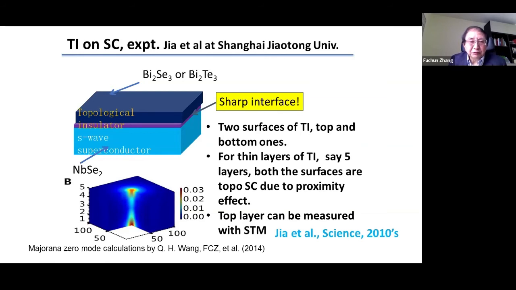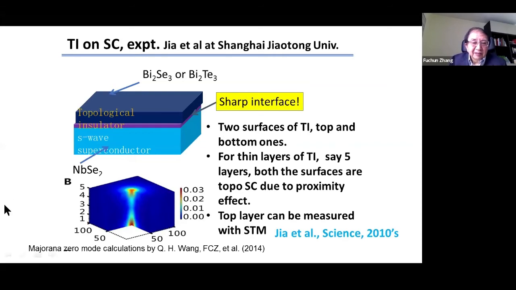If you have too thick layers, like 100 layers, then on the top ones you don't see anything, just no proximity effect. And the bottom ones, although there is a proximity effect from the superconductor, it's underneath, between the superconductor and the topological insulator, and it's difficult to see. Here the top layer can be measured by STM.